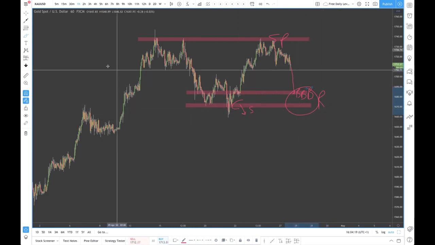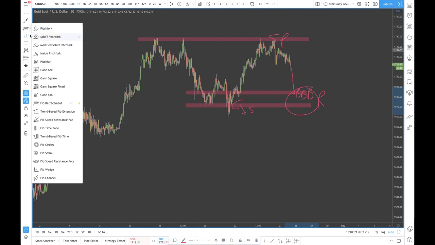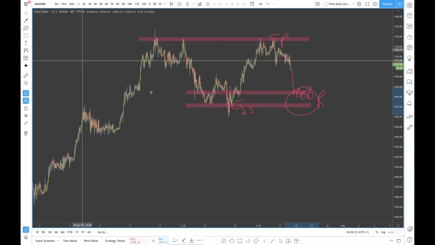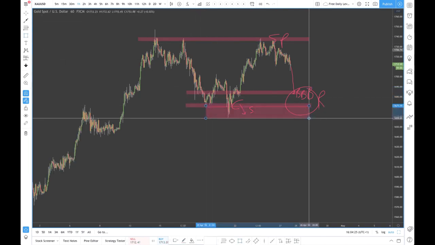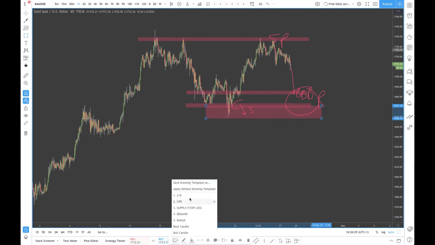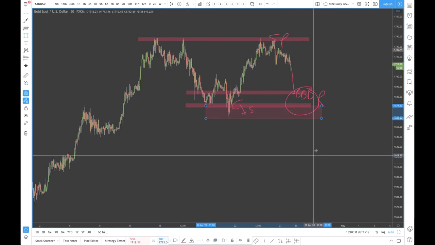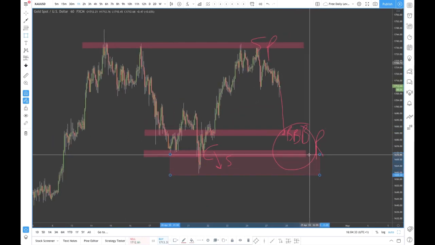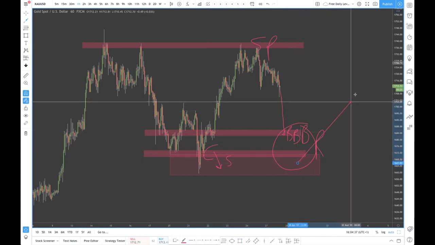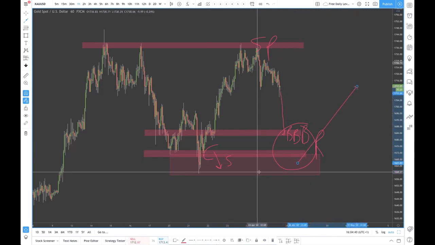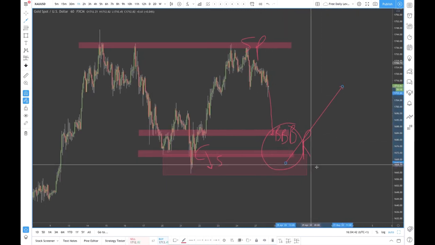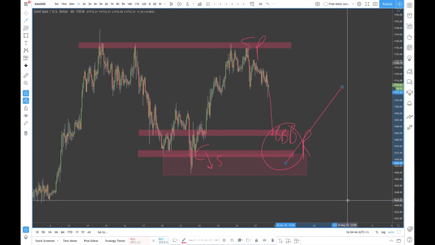So this looks like, in this whole area here, and the lower area for me, this area here, if price does come down into that zone, that box, then that is a really decent trade to the upside, as I think that there will be more demand than supply there.